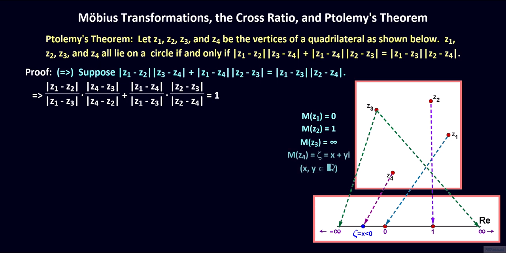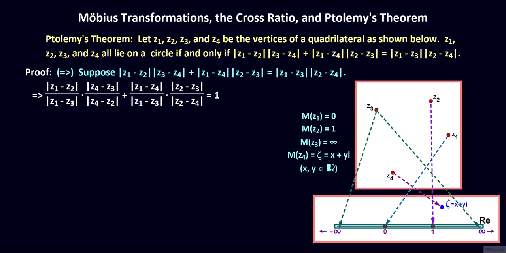We set M of z4 equal to zeta, and we set zeta equal to x plus yi, where x and y are real numbers. This time we have to show that z4 is on the unique circle determined by z1, z2, and z3, and this is equivalent to showing that zeta is on the same isocline on which 0, 1, and infinity lie. That isocline is the extended real line. So we will have to show that zeta is a real number.